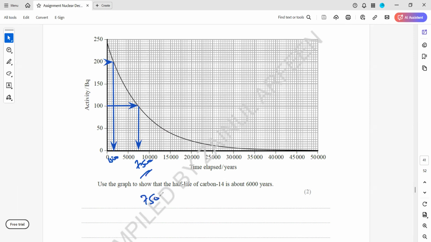So it's 7,500 minus 1,500, which gives 6,000 years. That is the half-life. Any value you take, 150, 75, will give the same result.